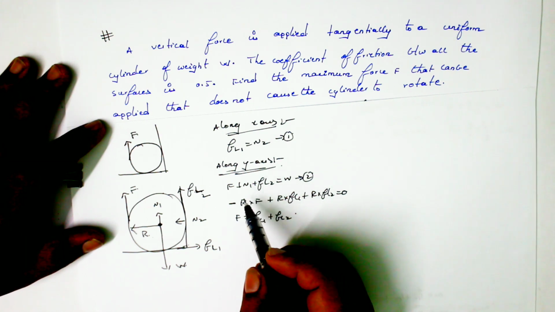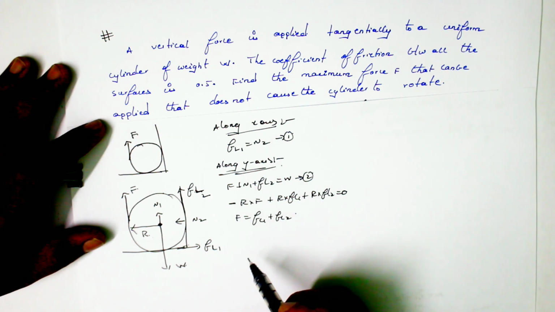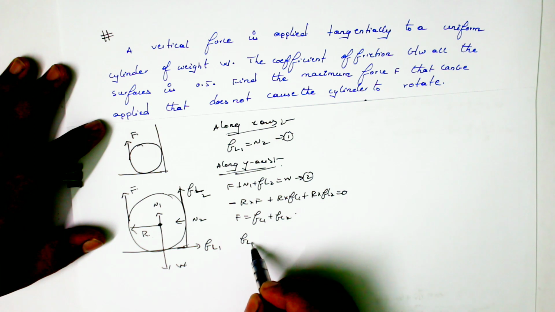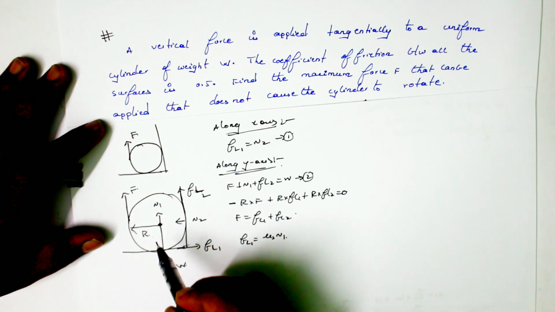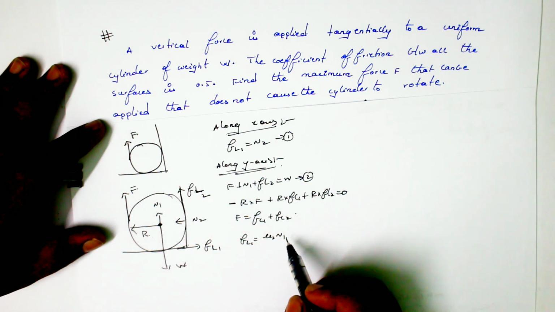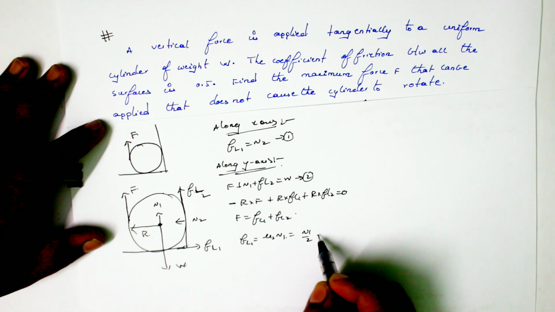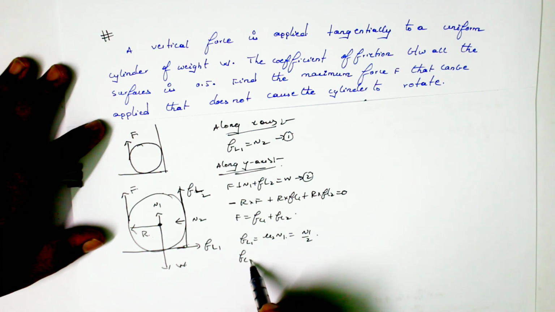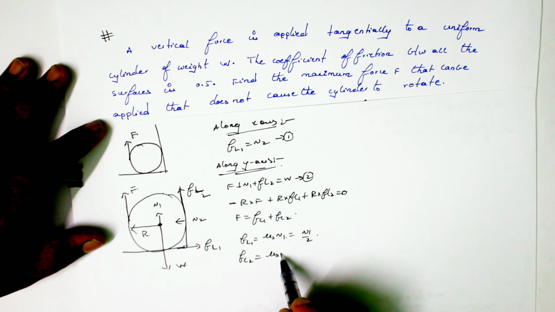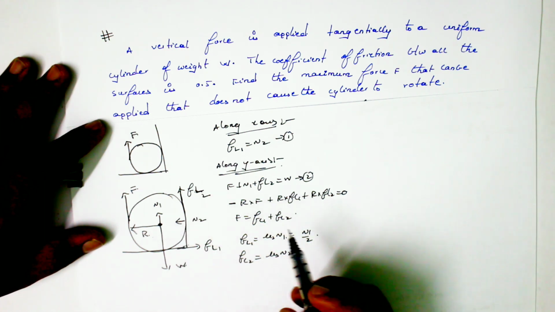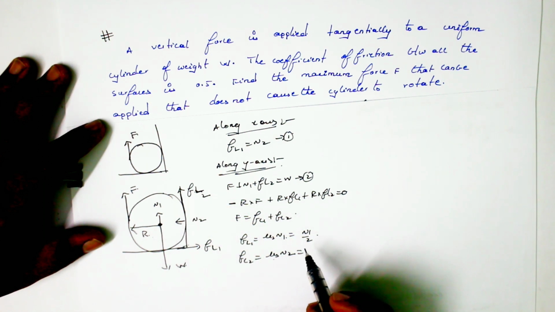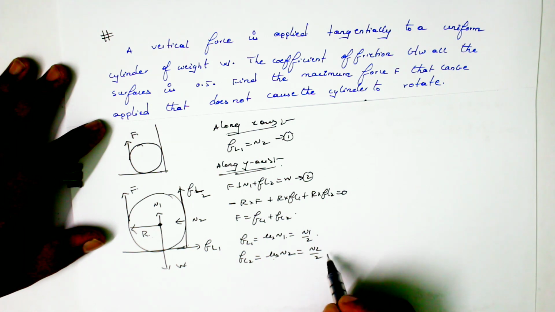So here, how can I write FL1 and FL2? FL1 is equal to mu s into N1. This limiting friction depends upon this normal reaction, and mu s value is 1 by 2, so N1 divided by 2. And FL2 is also equal to mu s into N2, because this limiting friction depends on this normal reaction, and mu value is again 1 by 2, so N2 divided by 2.